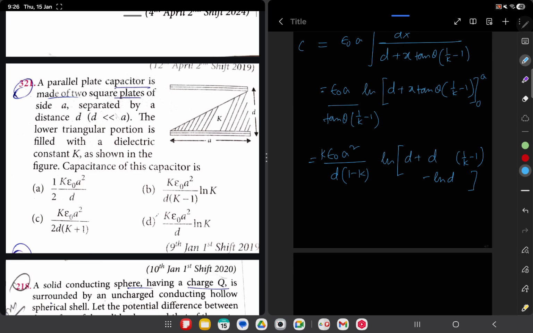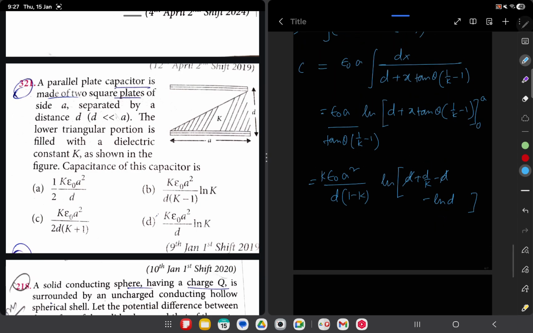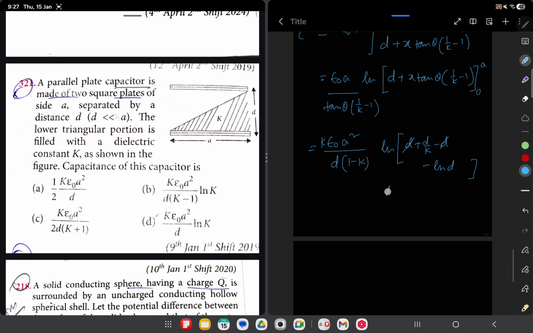So this is d plus d by k minus d, and this is also cancelled out. Now you can write this ln d by k minus d as minus ln d. So ln d minus ln k minus ln d. Log a by b is log a minus log b. This is cancelled out, so you are getting minus ln k. And if that minus is multiplied with this one, you are getting the final result: k epsilon naught a square by d into k minus 1, ln k.